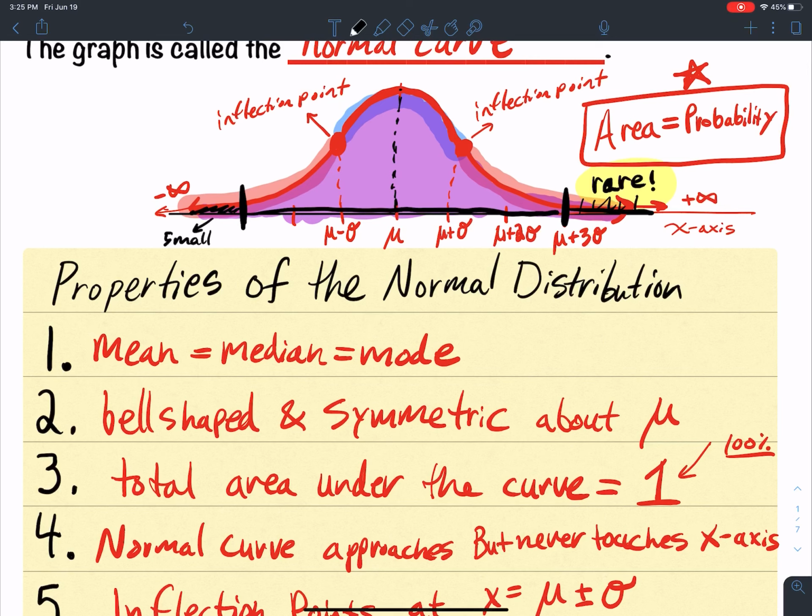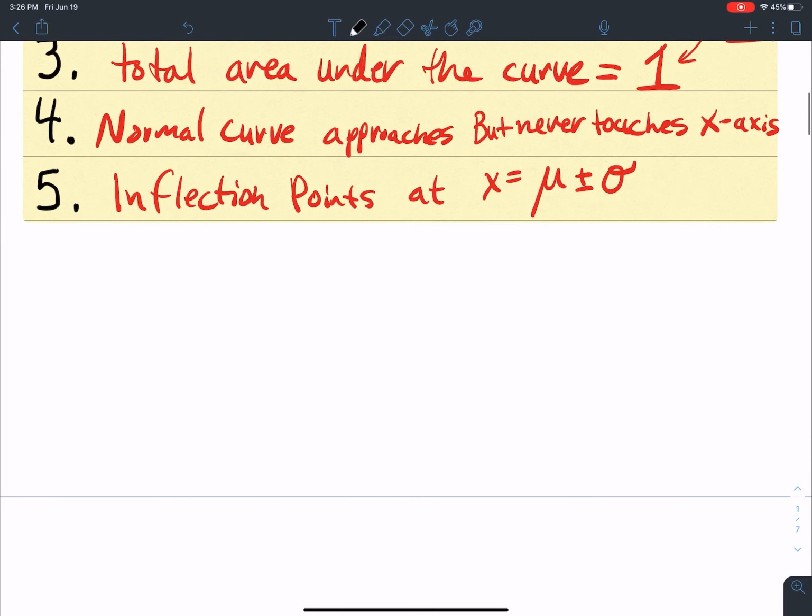Okay? Now, there is a mathematical equation that models this, with a mean of mu and a standard deviation of sigma. It's called the probability density function, the PDF. y equals 1 over the standard deviation times the square root of 2 pi.